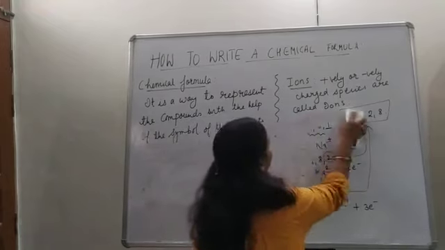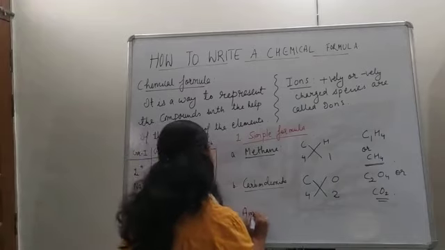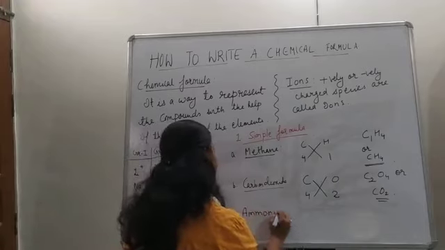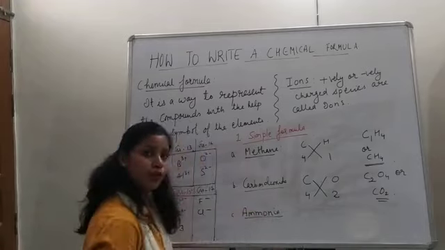Okay? One more formula we can write, that is ammonia. Ammonia क्या है? Ammonia, it has nitrogen and hydrogen. So nitrogen is represented by N, hydrogen is represented by H. Nitrogen का atomic number होता है 7, electronic configuration 2, 5.